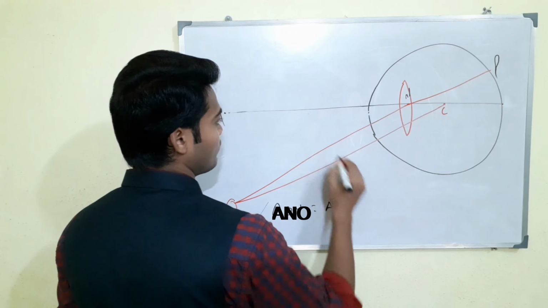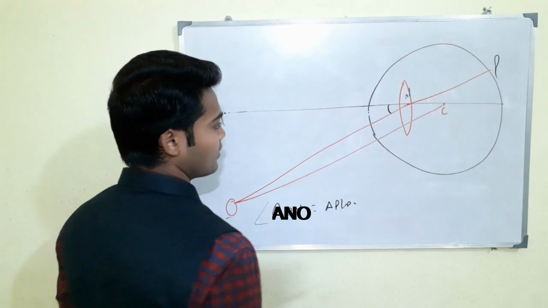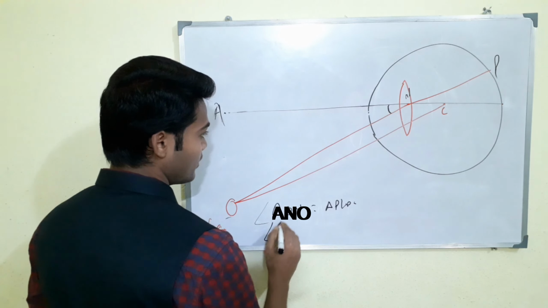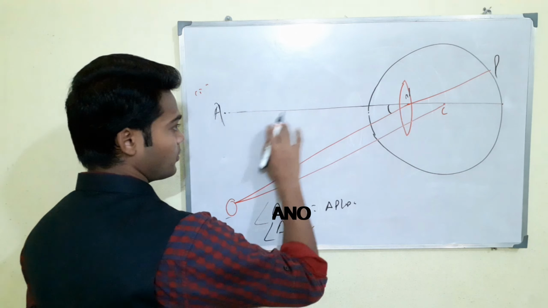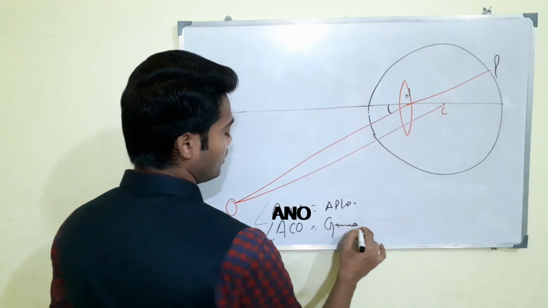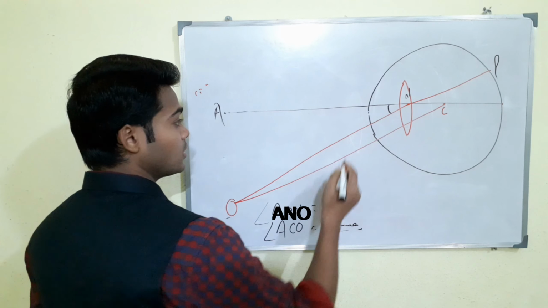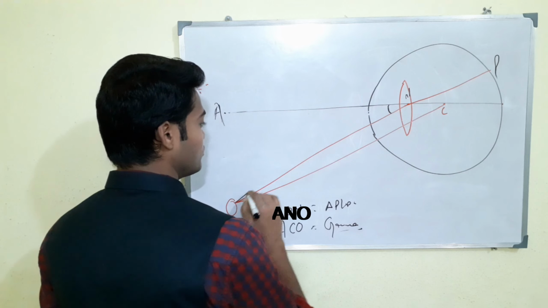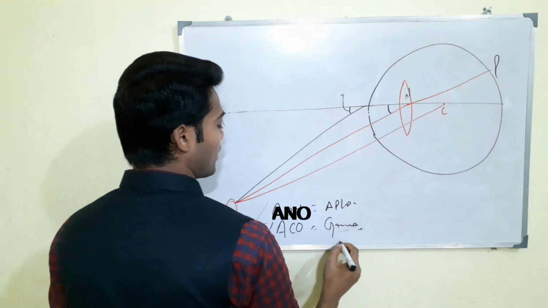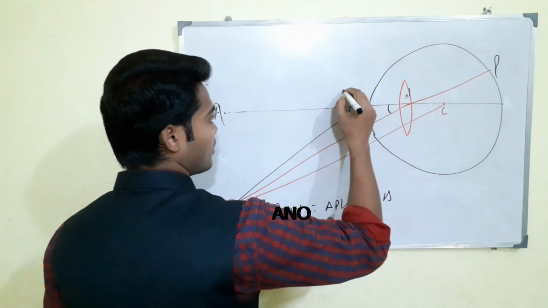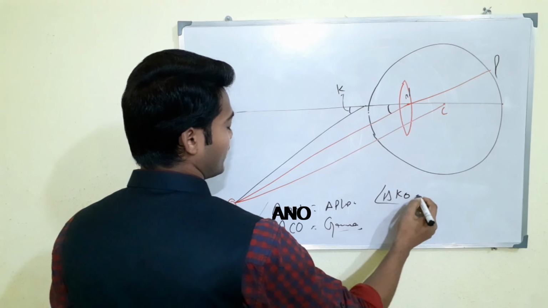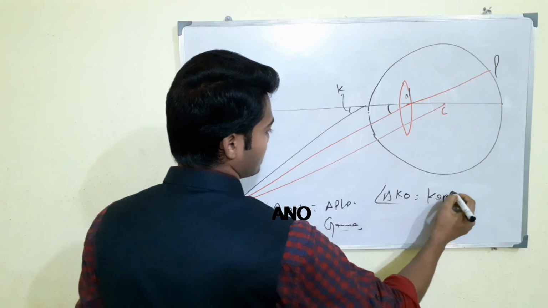The angle formed at ACO, between the optical axis and fixation axis, is called gamma. The third one is angle kappa: if we use K, angle AKO is kappa.